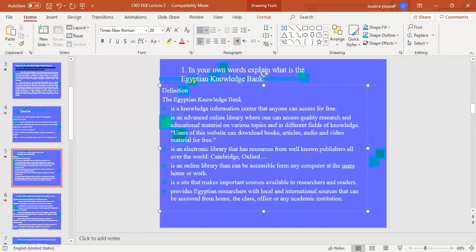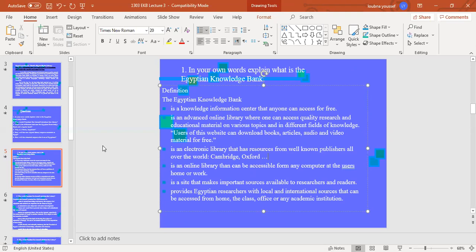Another possible answer is that the Egyptian Knowledge Bank is a site that makes important sources available to researchers and readers. And the last possible answer is that the Egyptian Knowledge Bank provides Egyptian researchers with local and international sources that can be accessed from home, from the class, from the office, or from any academic institution.